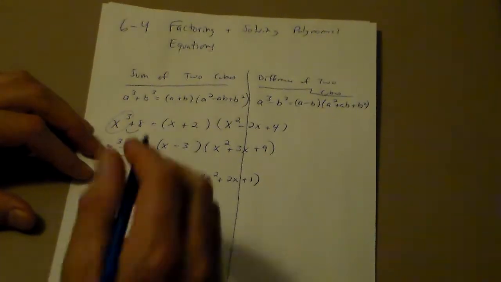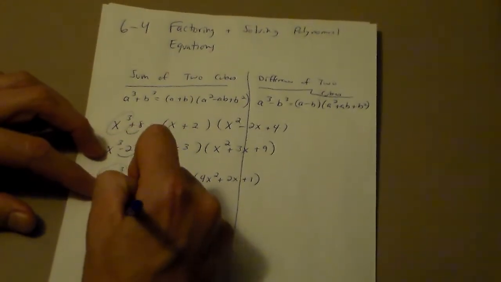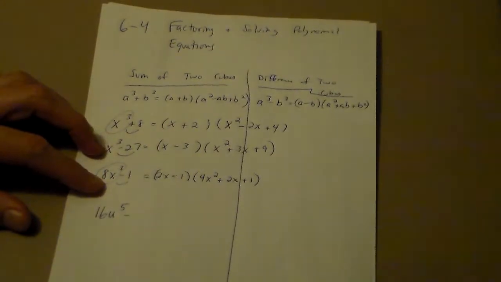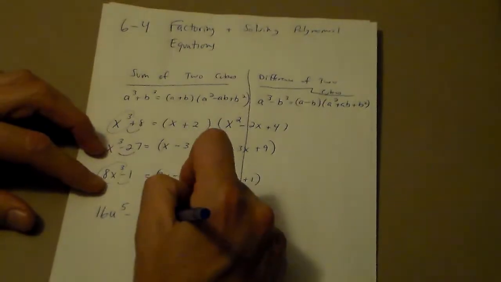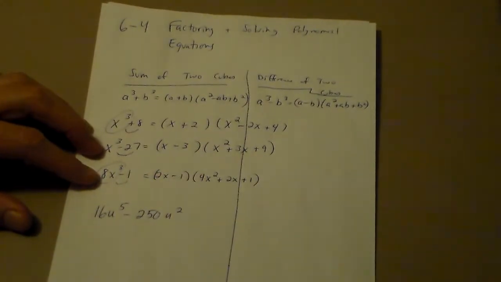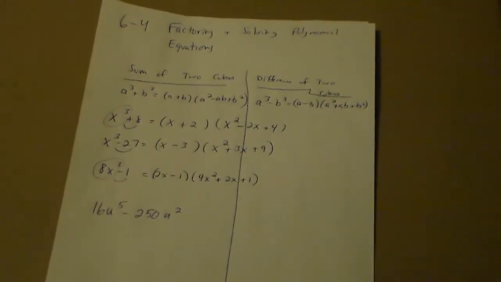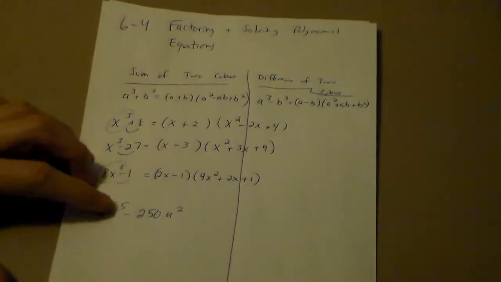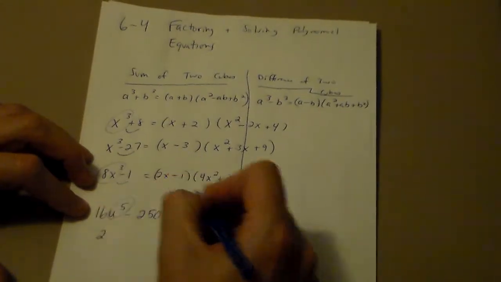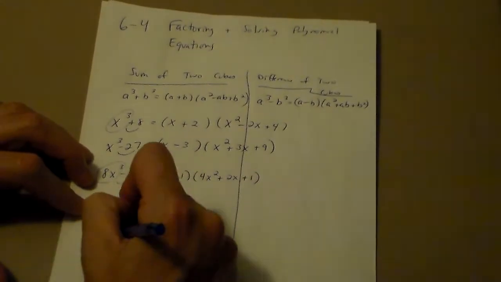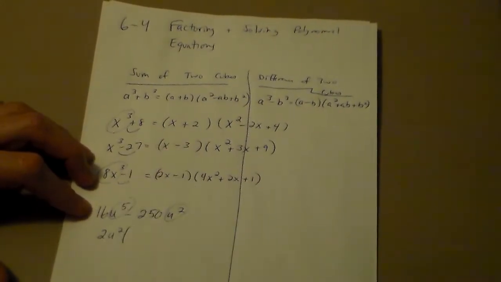So let's say we had this one: 16u to the fifth minus 250u squared. We have to look to take out a GCF. My GCF for 16 and 250 is 2, and for u to the fifth and u squared it's u squared.